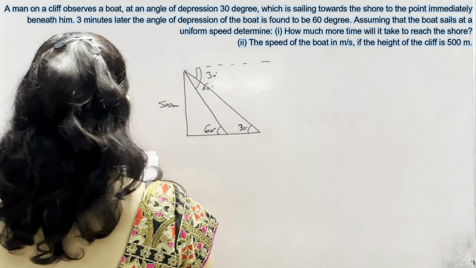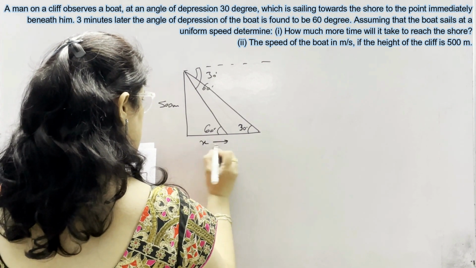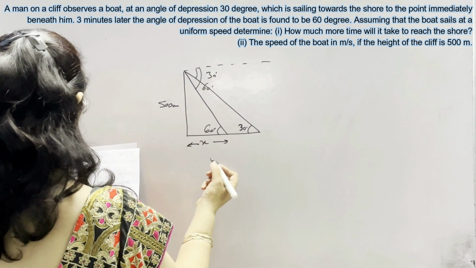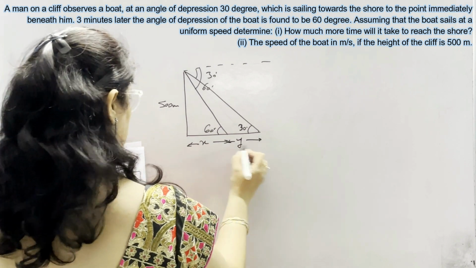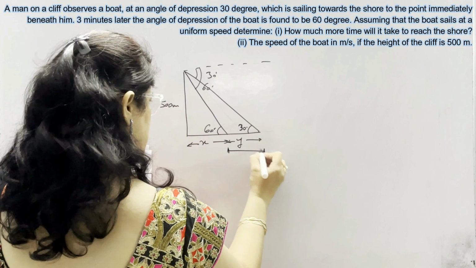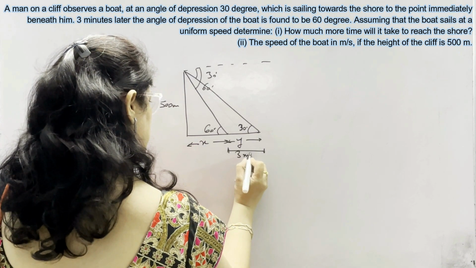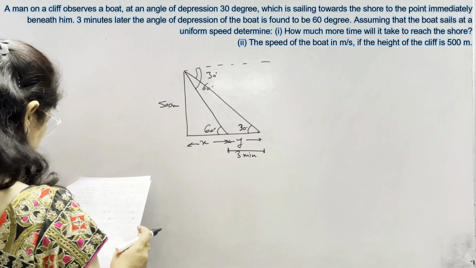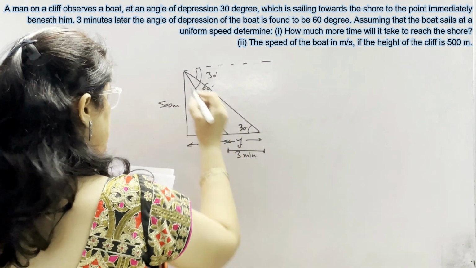So here it is 60 degree. Now we can take this distance as x and another distance as y, and the time taken to cover this distance, from this angle of elevation changing from 30 to 60 degree, is 3 minutes. Now, assuming the boat sails at a uniform speed, coming to the question.